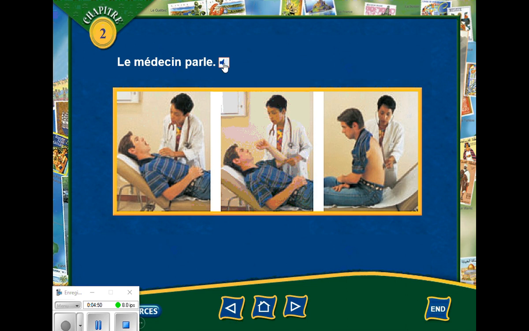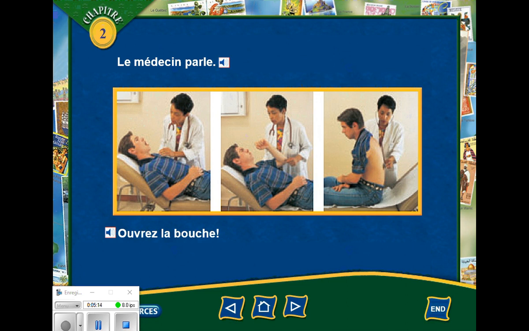Le médecin parle. So the doctor is speaking, and now what's going to happen is she's going to give him some commands, what we call the imperative. She's going to tell him what to do. This is the command form. Ouvrez la bouche. Open your mouth. And again, we're not saying your mouth. It says the mouth because it's assumed that she means his mouth.